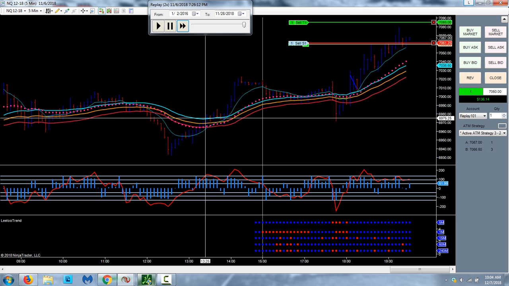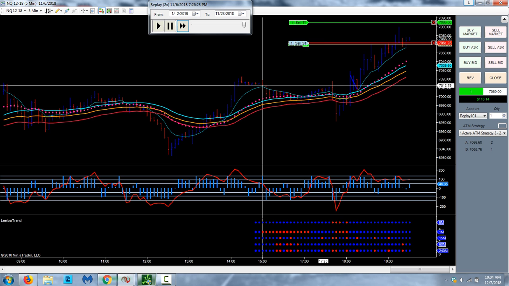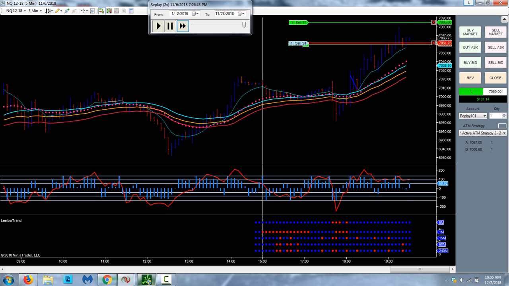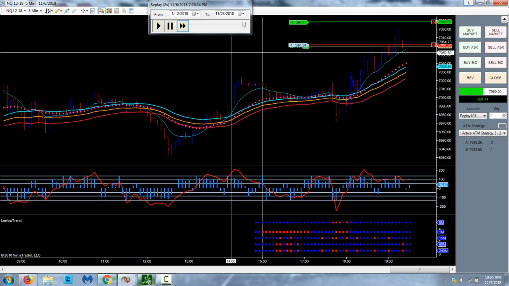So you can take your $151 and be done for the day. You've got a couple $100 in the overnight session. When you're trading multiple contracts, that adds up pretty quickly, but it's the tight stops that kind of make it nice. Or you can keep holding for the target of 7,100. They don't always go directly there.